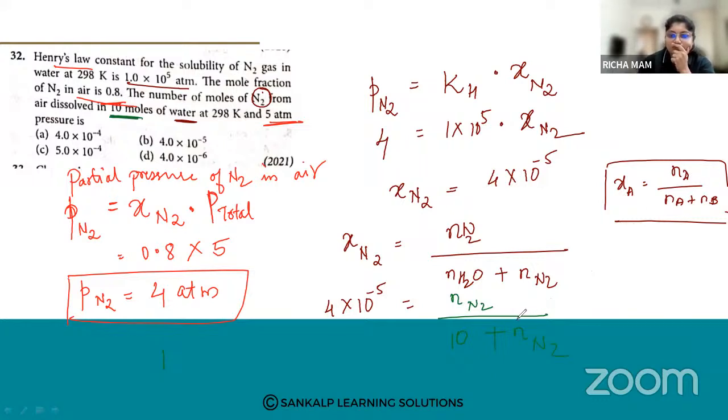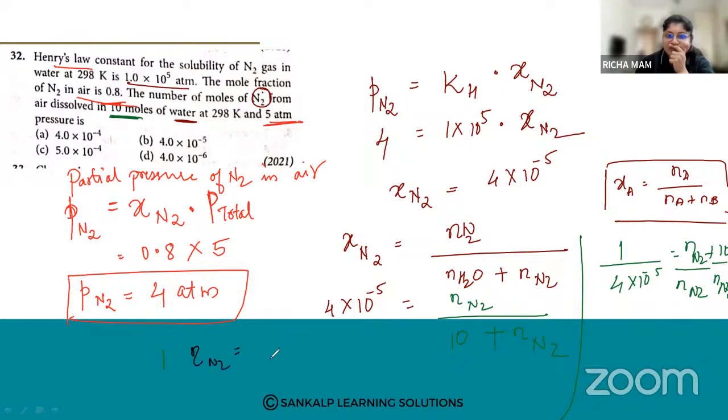Now find out. If I transfer it up, it will be 4 into 10 raised to minus 4 mole.